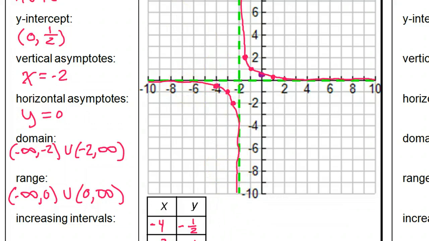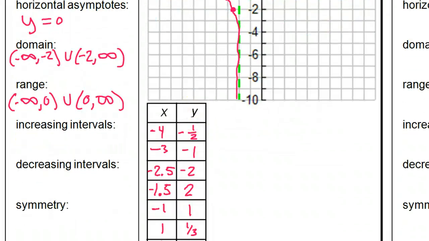But no, we're just looking at the x values, please. So this part of the graph goes from here to here on the x-axis. So from negative infinity to negative 2, just the x values. And that was a decreasing interval.